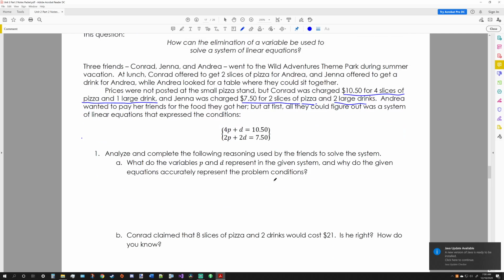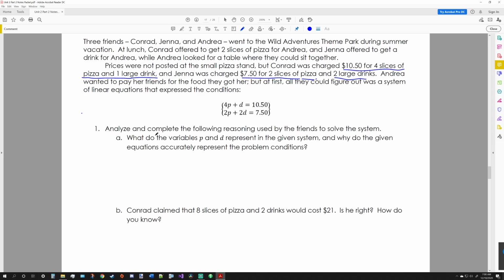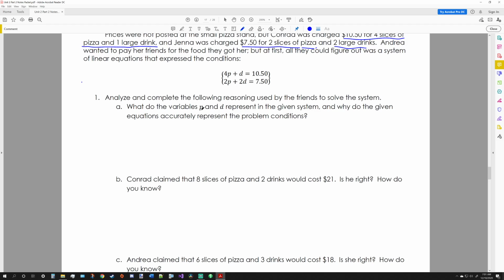All right, and so we'll notice that the p and the d, what would these represent? Well, the 1050 and the 750 over here, these are dollar values, right? These are amount values. And the coefficients, the 4 represents the slices of pizza, right? So 4 is like the number of slices. So we have the number of slices, and then we have dollar amounts over here.